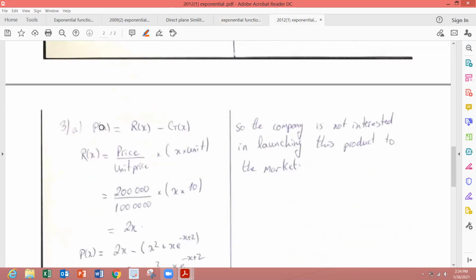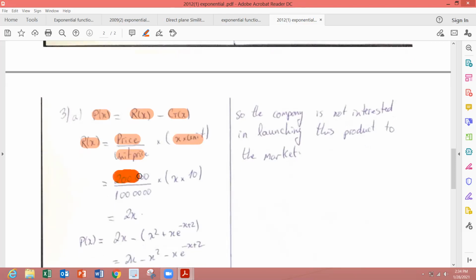So profit, as the rule, is revenue minus cost. Revenue equals price over unit price times x times unit. The price is 200,000. The unit price is in millions. The unit of x is 10 times 10. We have in the numerator 6 zeros.